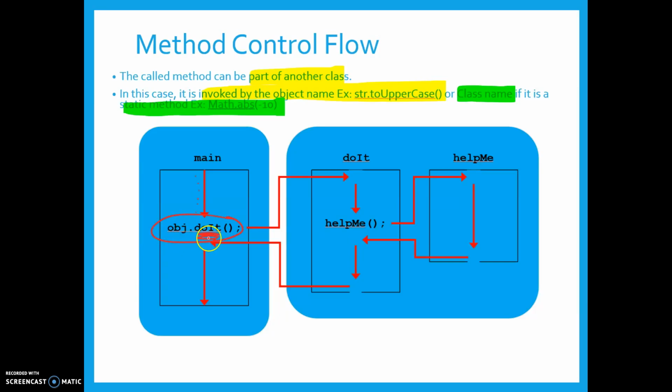So when I call this, the method is actually being invoked by this object. And so over here, I have my doIt code, and the doIt now makes a call to another method. Now, this method call doesn't have anything in front of it. So that tells me that this method code is inside of the same class file that doIt is part of.